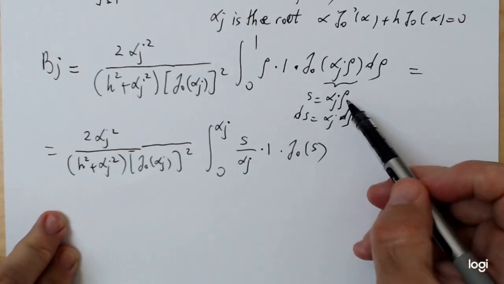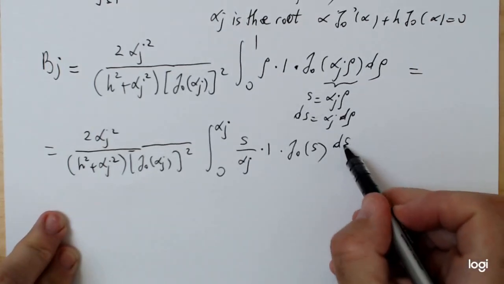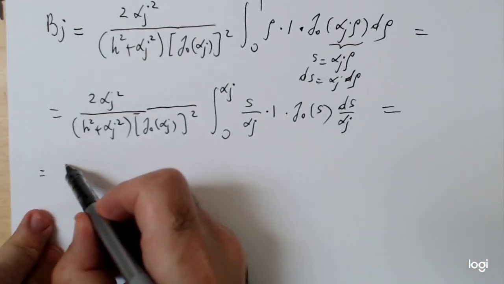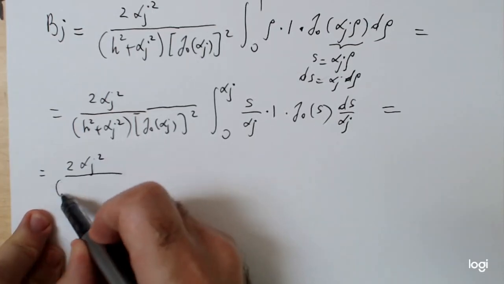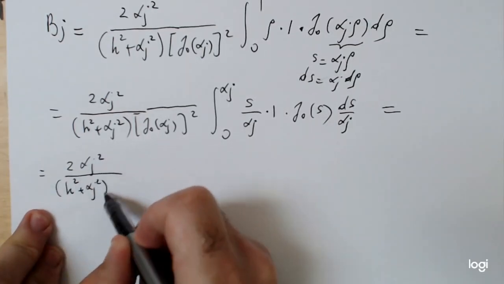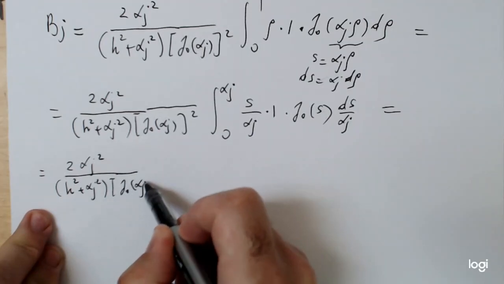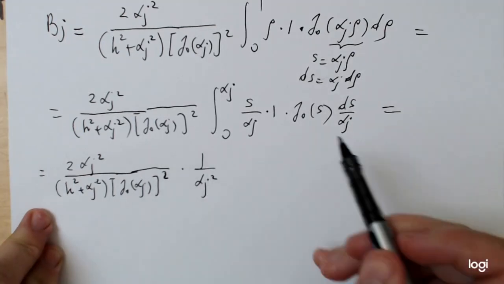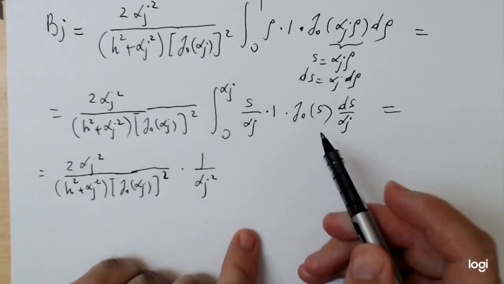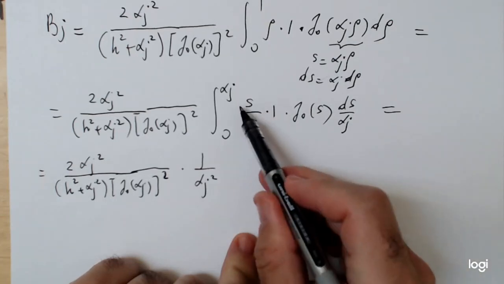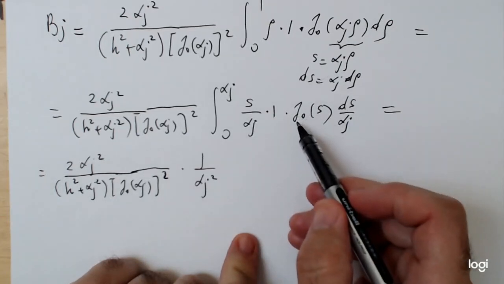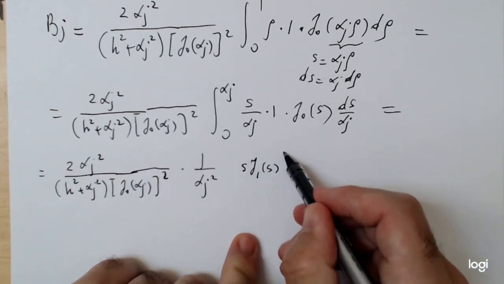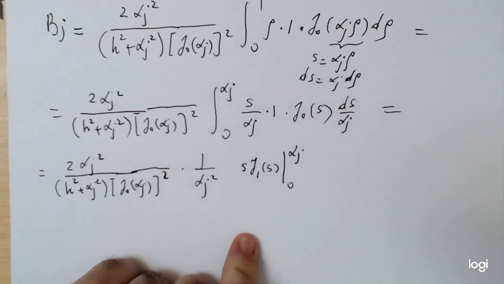And then d rho is going to be ds over alpha j. We can pull out 1 over alpha j squared. And we're left with s J naught. And remember, the antiderivative of s J naught is nothing but s J1 of s. So this will be s J1 of s evaluated between 0 and alpha j.